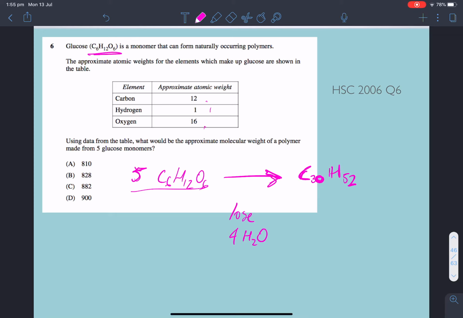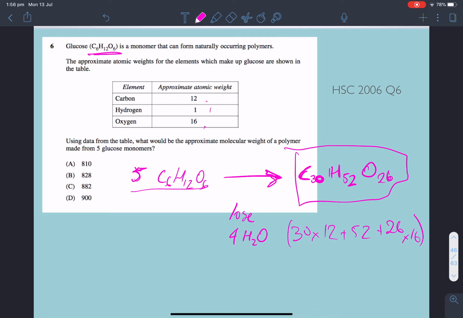For oxygen, 6 times 5 is 30, minus the 4 from the waters, so 30 minus 4 is 26, O26. So we've got the formula for our polymer made from those 5 monomers. Now we would need to work out the mass, so it's going to be 30 times 12 plus 52 plus 26 times 16.